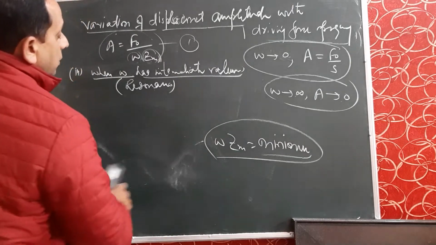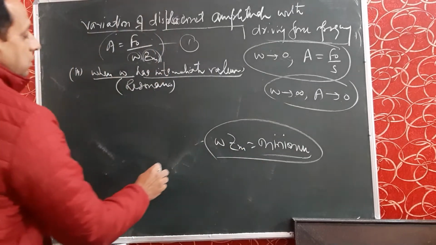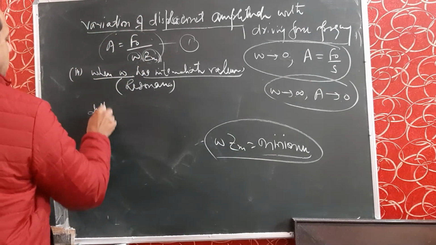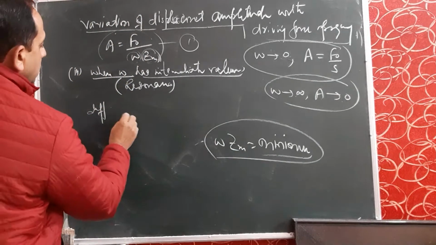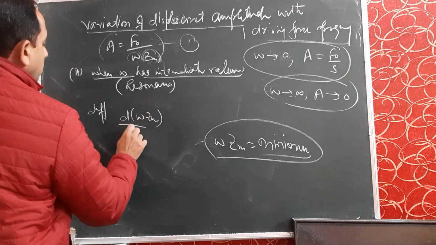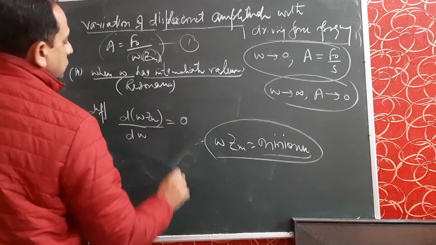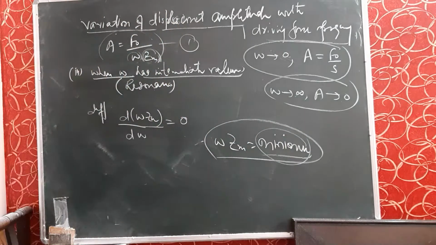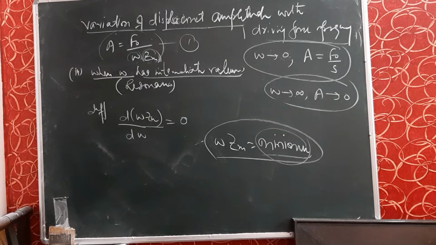So if omega Zm is minimum, then we will take the derivative on both sides. On differentiating, the derivative of omega Zm with respect to omega is 0, because the derivative of a minimum term is 0, since maximum or minimum are both constant in terms of mathematics.